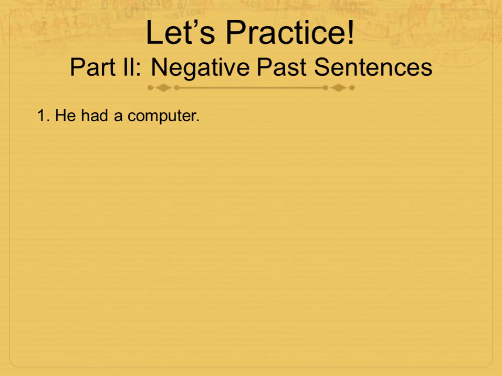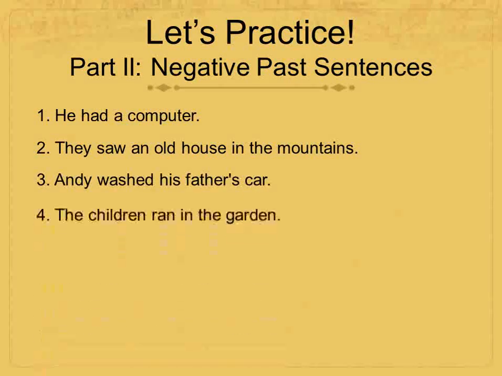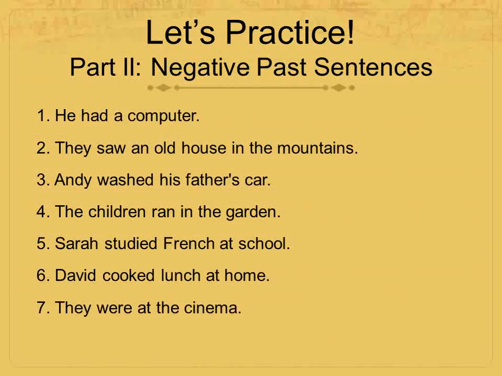He didn't have a computer. Number 2, they saw an old house in the mountains. Okay, so again, we're changing it from positive to negative. They didn't see an old house in the mountains. Okay, so I want you to try the rest of these. Pause it here, same thing, write down your answers, then come back and check it.